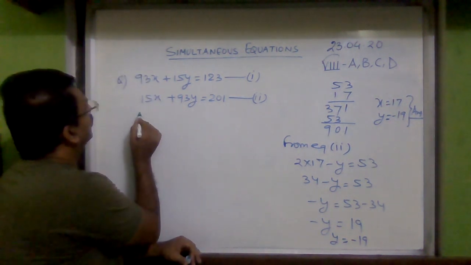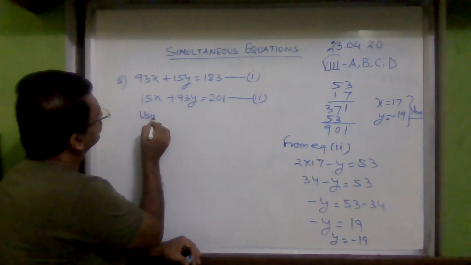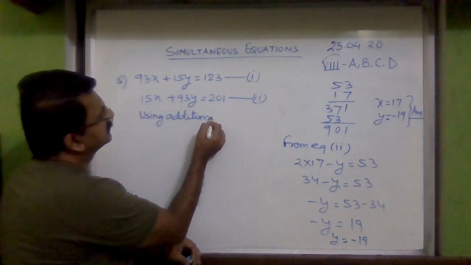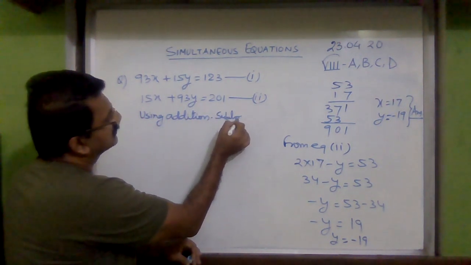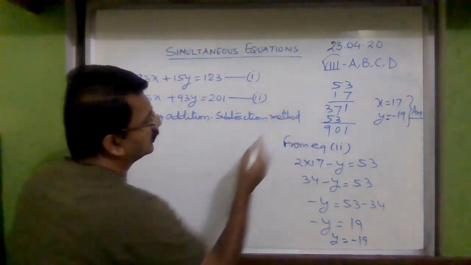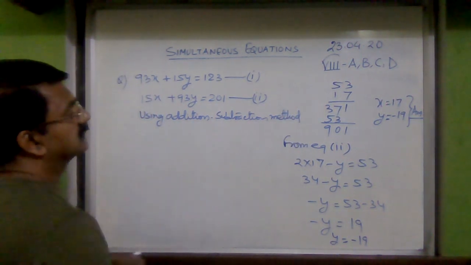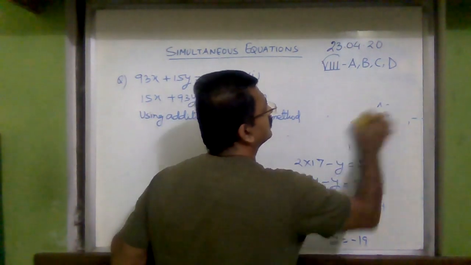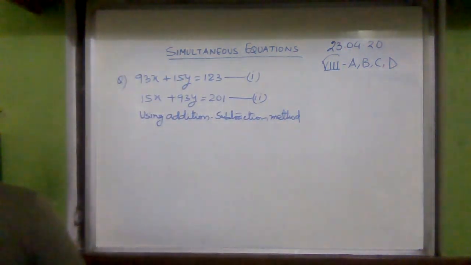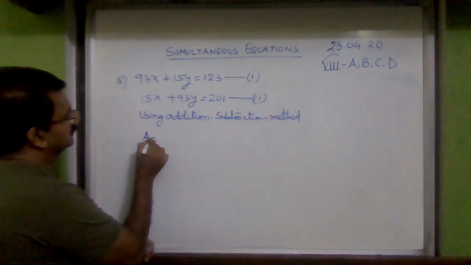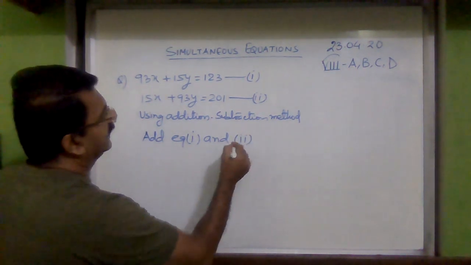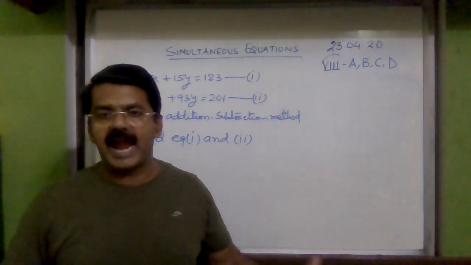So using addition subtraction method, first of all we add the two equations, equation 1 and 2.